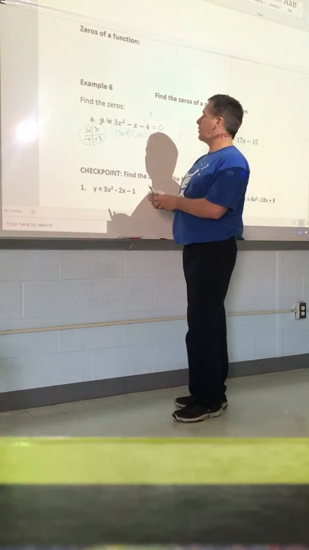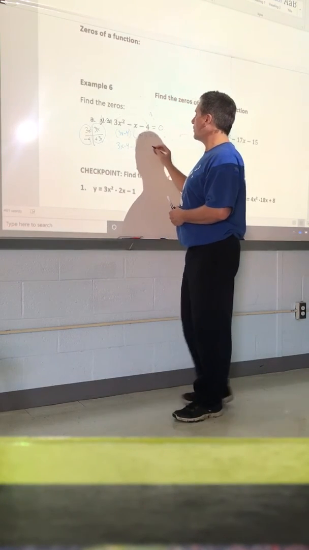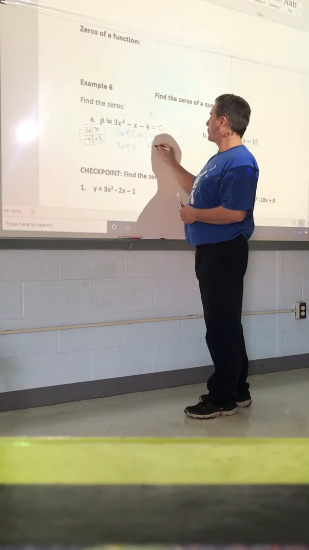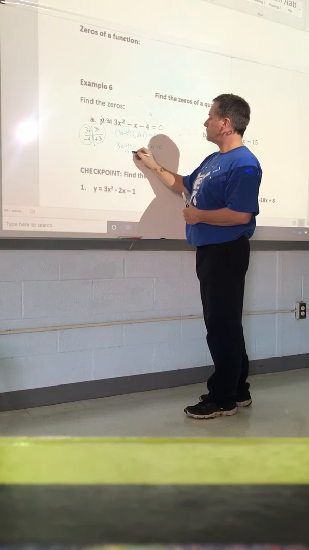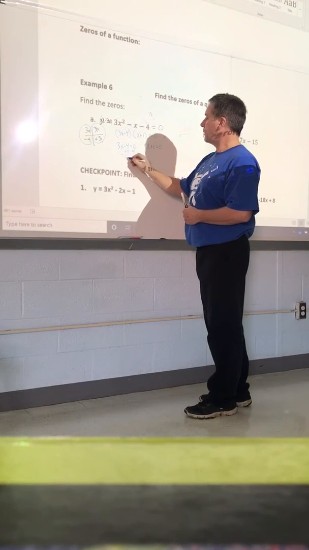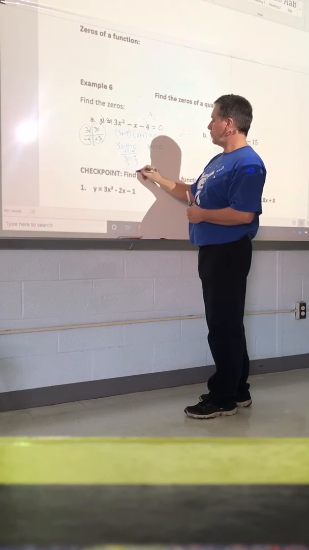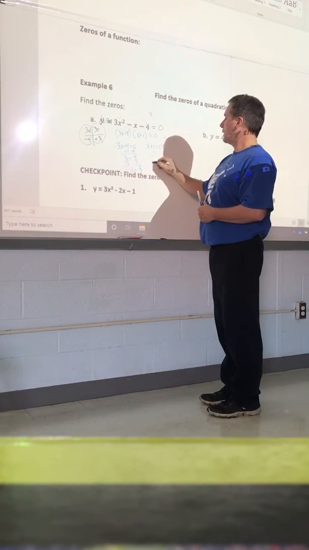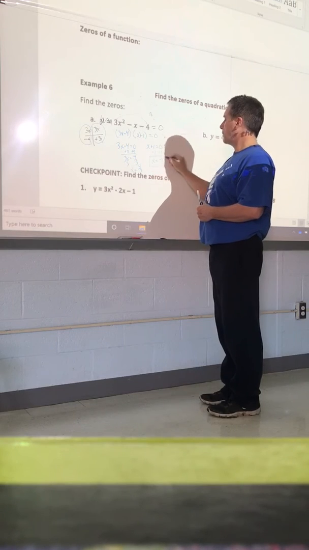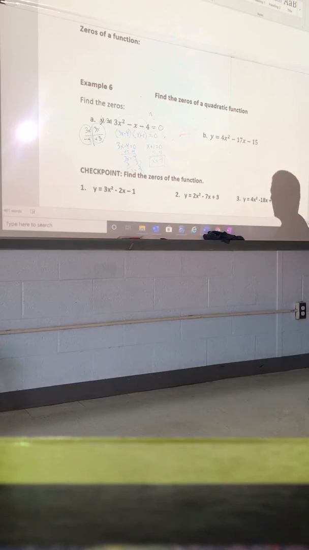We add 4, get 3x equals 4, divide by 3, so x equals 4 thirds. For the other, we subtract 1 and get x equals negative 1. So we get 2 answers: x equals 4 thirds, and x equals negative 1.